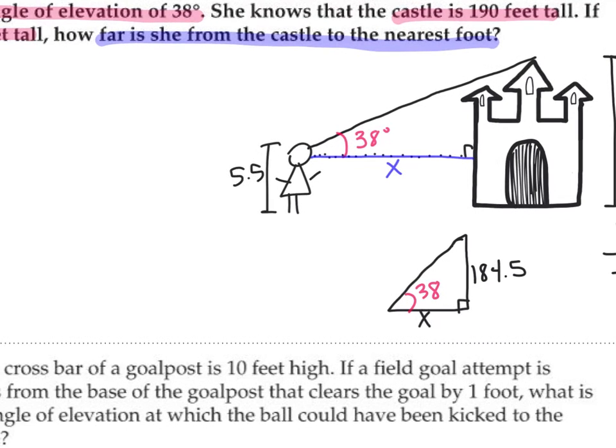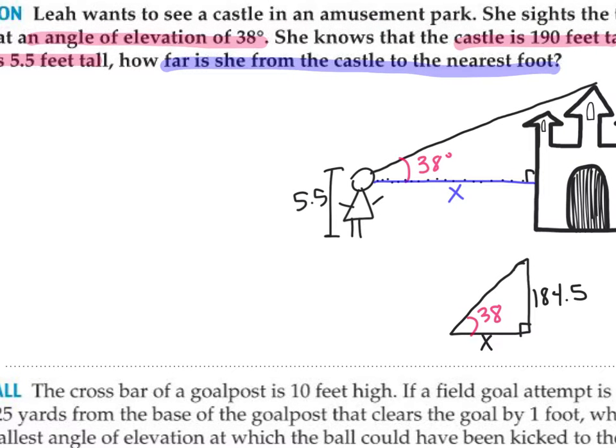Now we're going to think back to those trigonometric ratios. We have x, so we need to find that missing side length. When we are calculating these, we use our regular functions, so SOHCAHTOA: sine, cosine, or tangent.